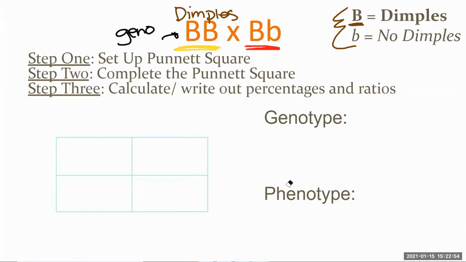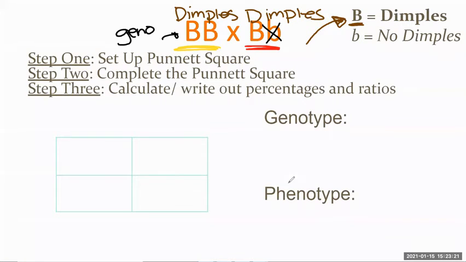Just remember that every time you see a dominant allele, that dominant trait is going to show. It's almost as if this one doesn't exist. Almost. It still does, but we don't see it. So this parent is also going to have dimples.